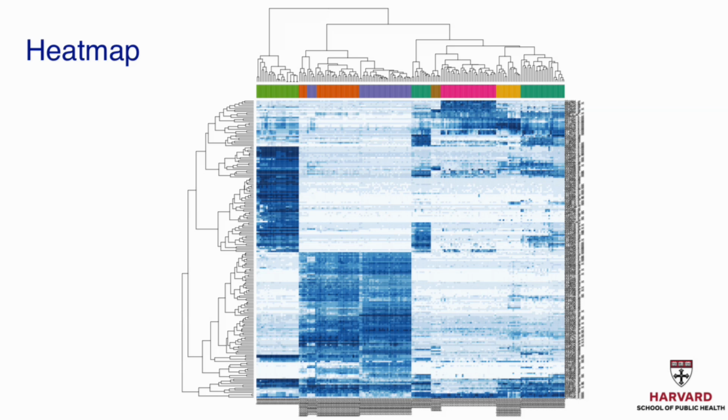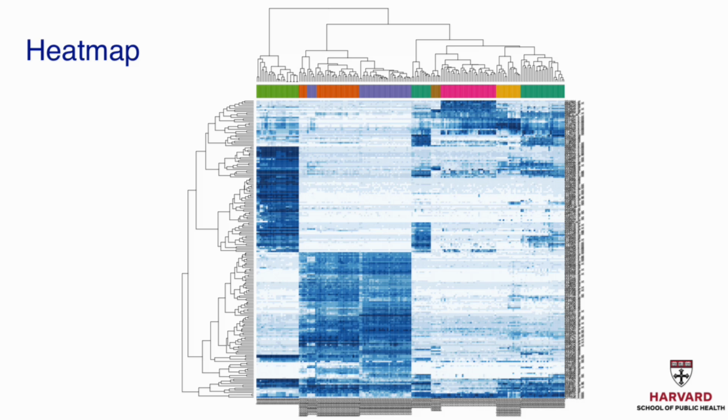So here we put the top 500 or 200 genes, and then we clustered all the genes and all the samples. So we organize the samples according to the clustering, then we organize the genes according to the clustering. So now we have a new ordering of the matrix, and we show that matrix.